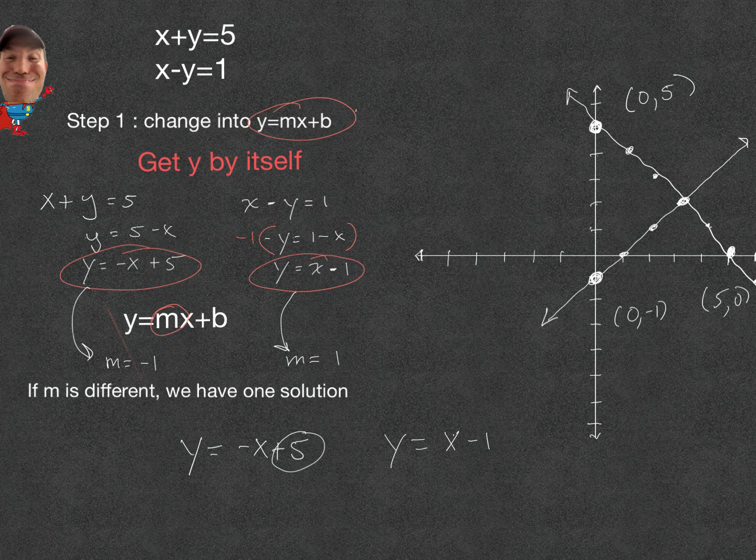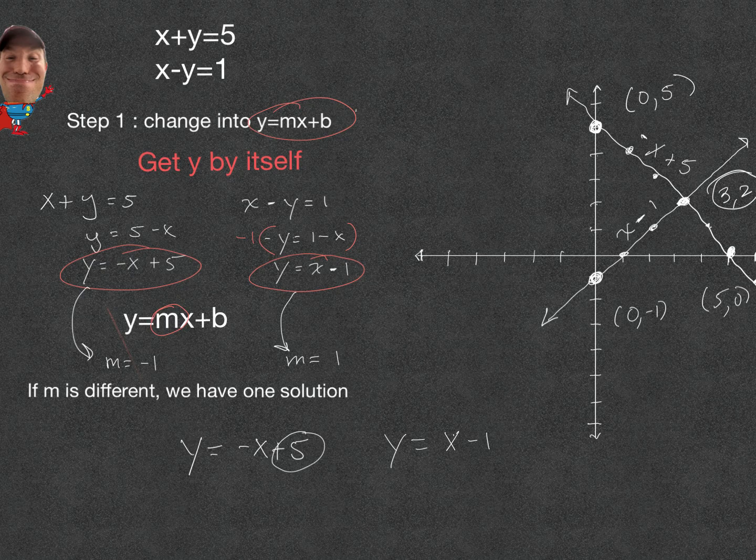This one was negative x plus 5, and this one right here was x minus 1. Two lines. Where do they cross? They cross at (3, 2). So there's the intersection point, (3, 2).